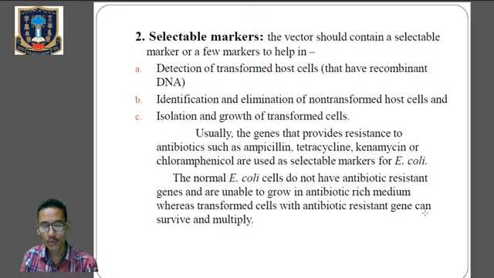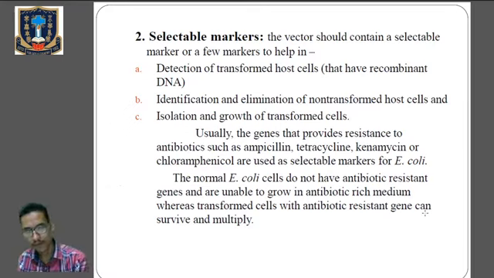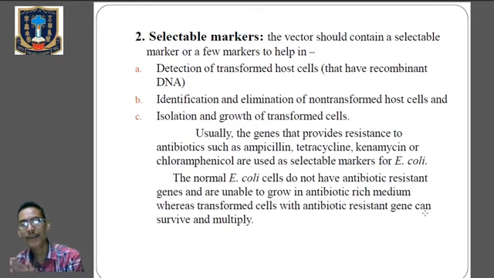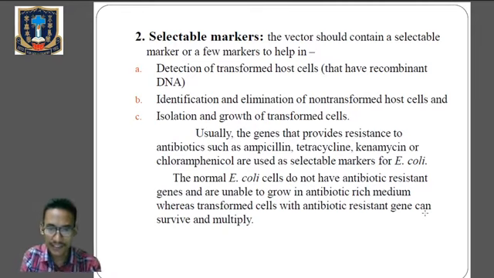Okay, so in case of vectors, those sites which provide resistance to antibiotics like ampicillin, tetracycline, kanamycin, or chloramphenicol act as the selectable markers for E. coli. Clear? The normal E. coli cells do not have an antibiotic resistance gene.